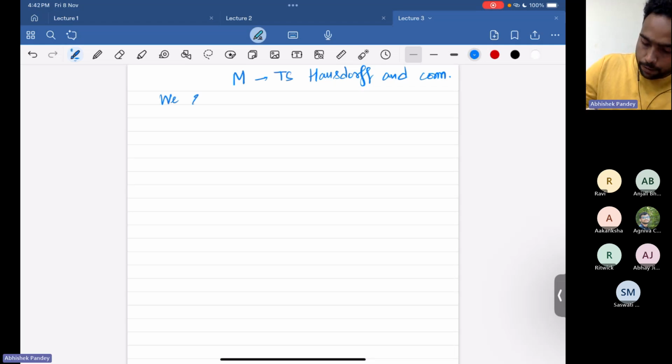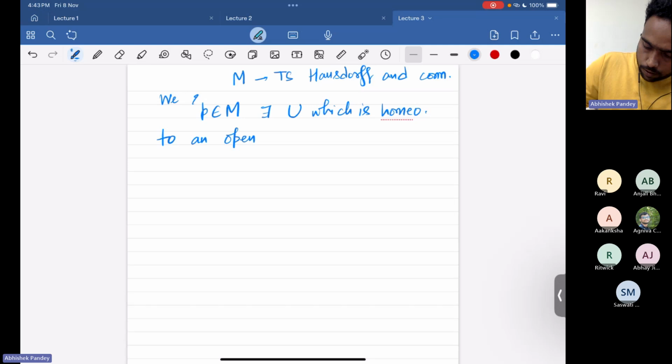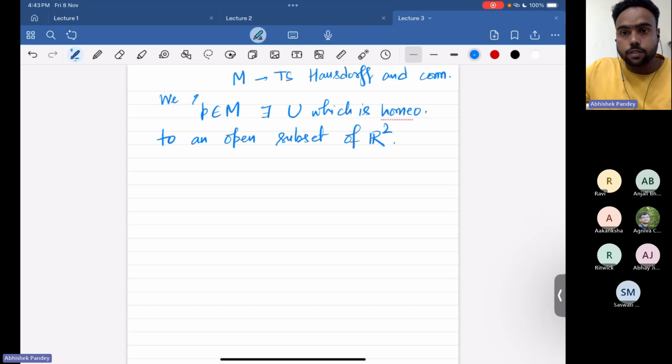For every point P belonging to M, obviously this has to be a surface first, so there is a neighborhood U which is homeomorphic to an open subset of R2. This is what we mean by a surface.